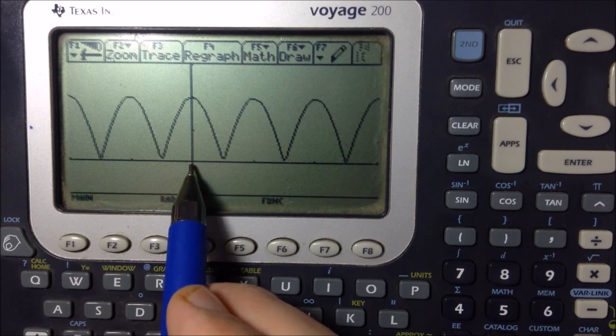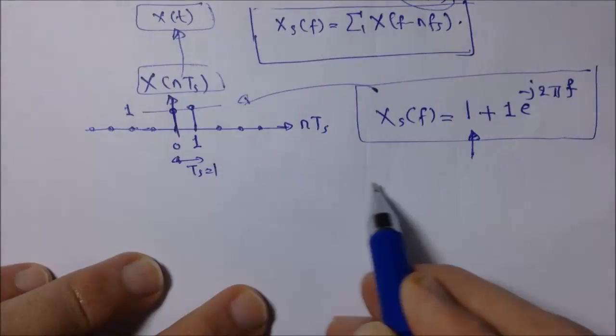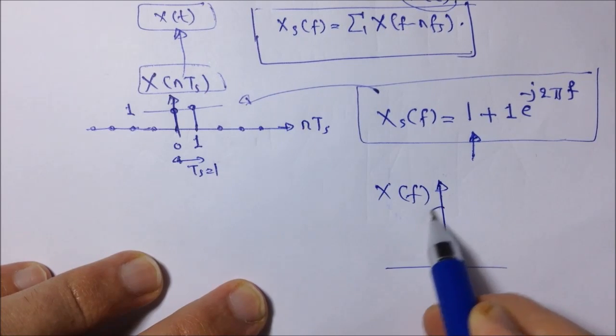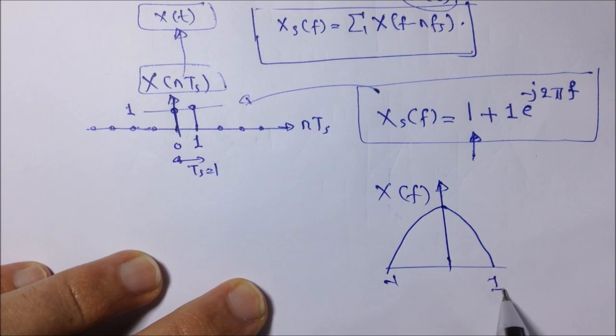Okay, so we are taking this bandwidth from -1 to +1. So obviously X of f was this only, from -1 to +1.